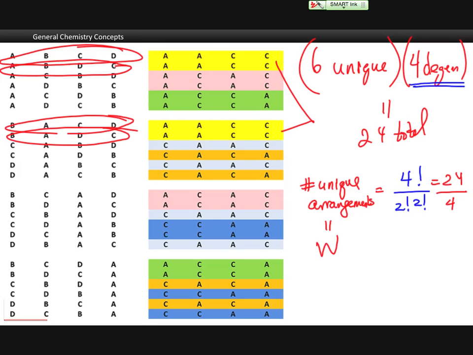So the number of ways is going to be the number of unique arrangements, which is the total number of objects. In this case, we have 4 objects, so 4 factorial divided by the degeneracies, 2 factorial, 2 factorial.